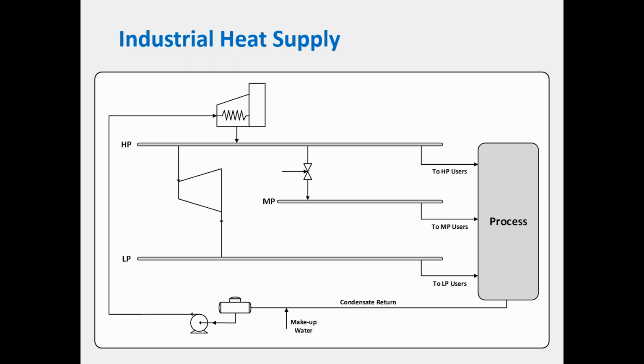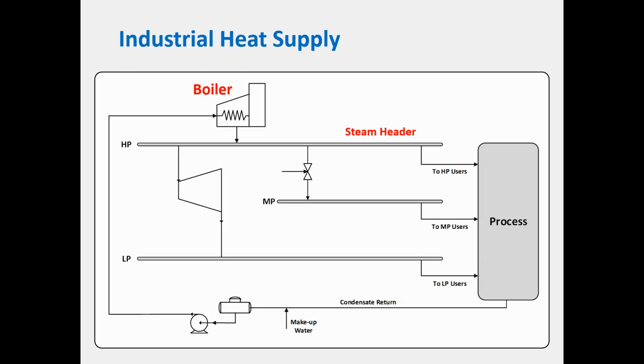So that's really a brief look at the demand side. If we have a look at our supply side for a moment, this may be a typical steam system where we have a boiler that produces steam. So we burn some fuel in our boiler, we produce steam. We may have a number of steam headers at our plant at different pressures.